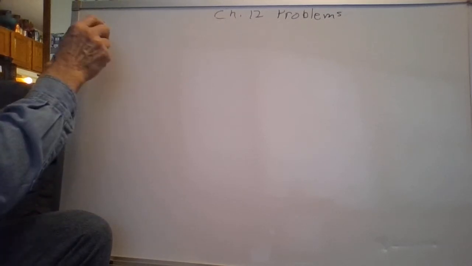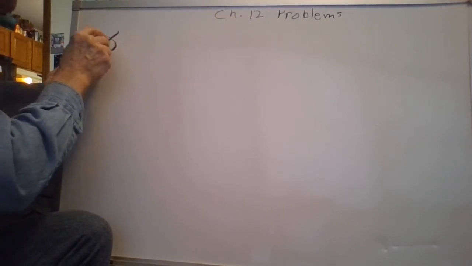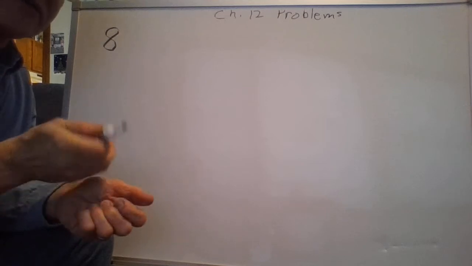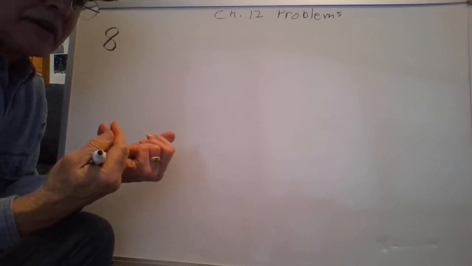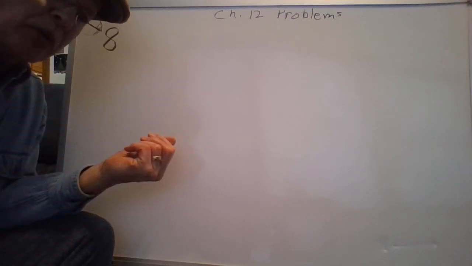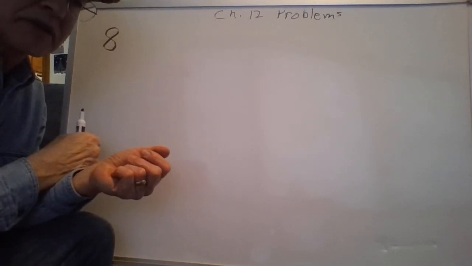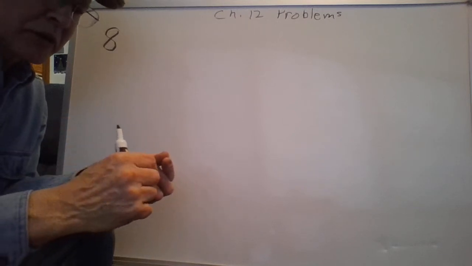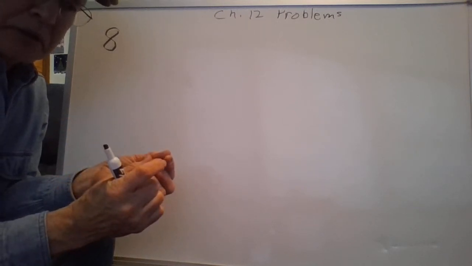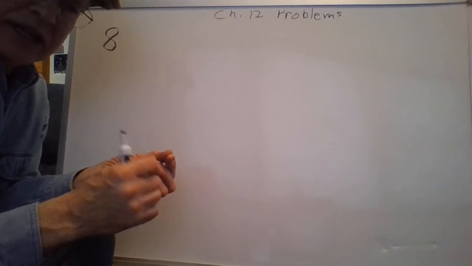Hey, more of this fun stuff with logs. It's kind of interesting that our hearing actually is in powers of 10. That's essentially what we're saying. It's logarithmic. Even when you buy volume controls, a volume control is not linear.